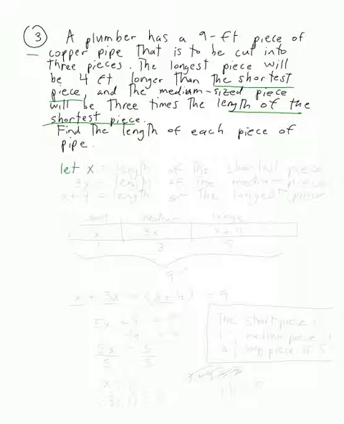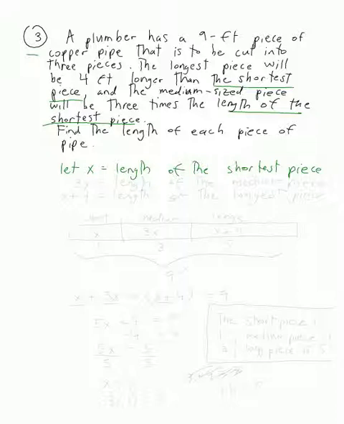We're going to let x equal the length of the shortest piece. Now let's go ahead and try to write down the other unknowns in terms of the first one. First of all, if x is the length of the shortest piece, it says the longest piece will be 4 feet longer. Let's do the medium one first.